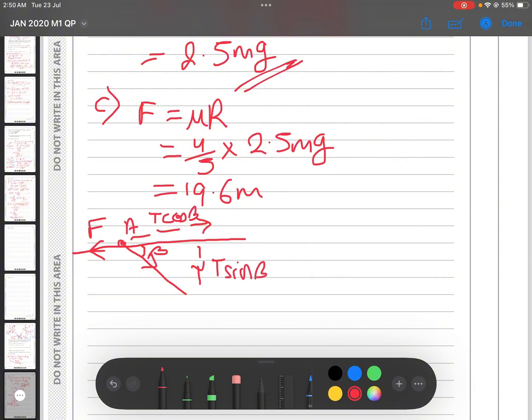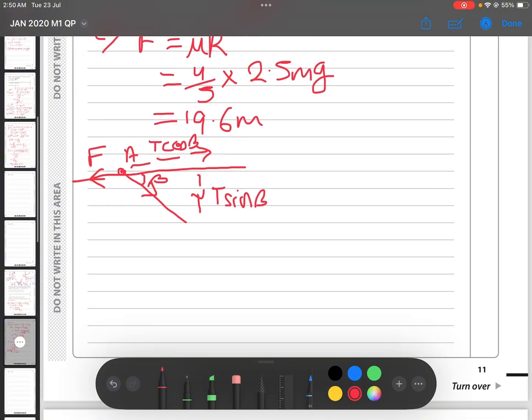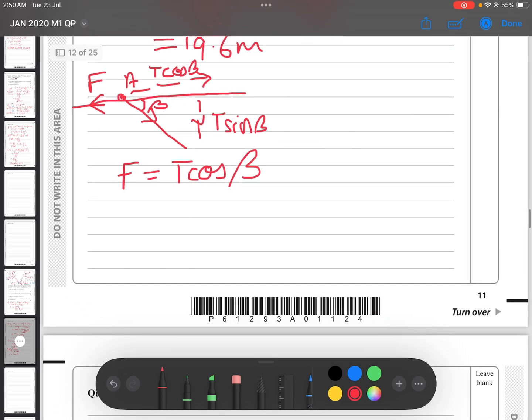So now we can see that as A is still in equilibrium, the friction F is going to be equal to T cos beta. So we can make it into an equation again: F equals T cos beta, right? Now we found that F equals 19.6 m.